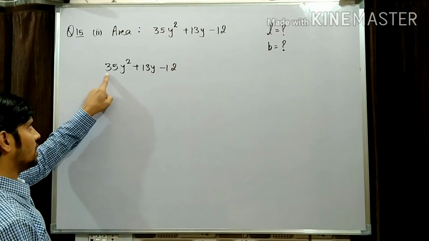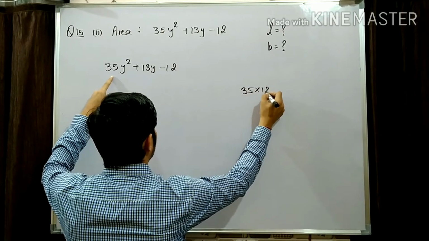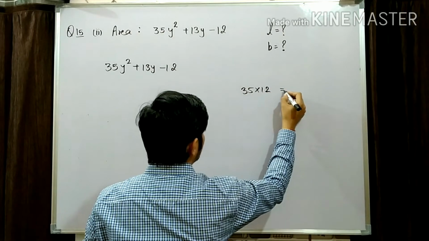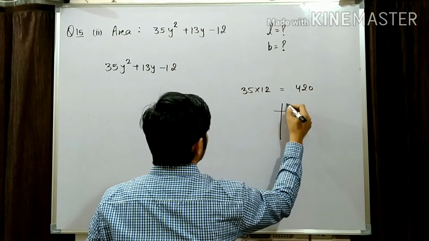So what we are doing here, we are multiplying these two terms, 35 and 12, which gives 420, and now finding the factors of this.